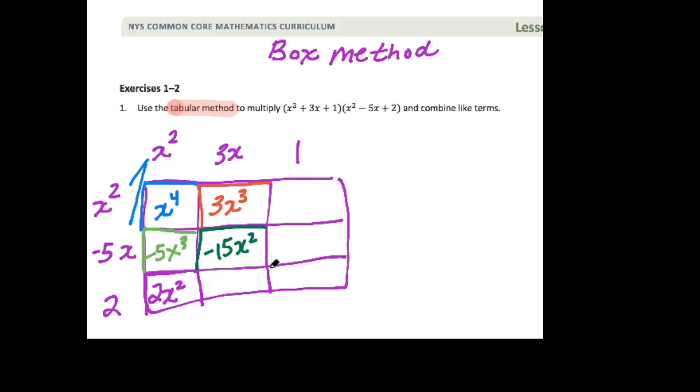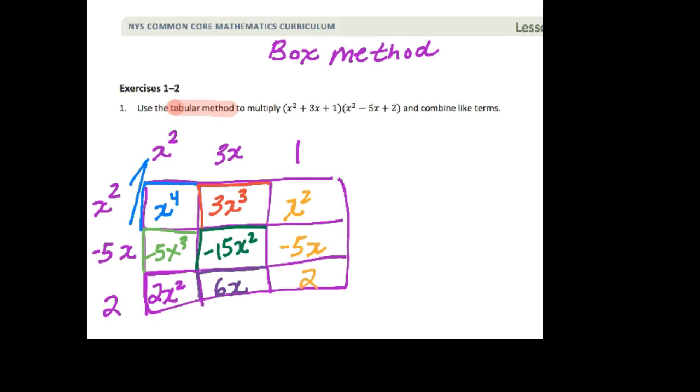And then down here, 3x times 2, which is 6x. The last one's nice. 1 times any number is just that number, so this whole column is going to repeat here: x squared, negative 5x, and 2.